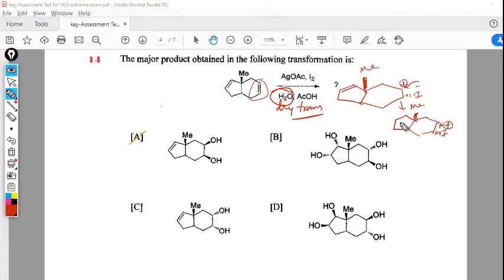Okay. Next, in the next step, silver acetate will attack. It must attack from the above side. Now, as this is near the carbon, it will not attack from this side. It will attack from this side, above the plane.